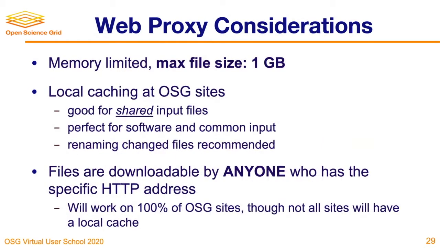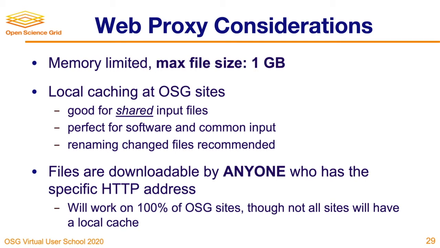Because we're downloading these with an HTTP protocol, you really want to limit it to a maximum file size of about a gigabyte. There is some local caching at OSG sites with this. And so this is really ideal for shared input files, something that's going to be used for multiple jobs. Otherwise, that caching doesn't really help you much. And it's also really good for things like software.